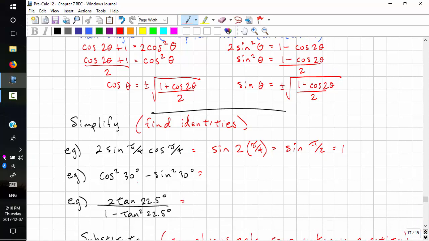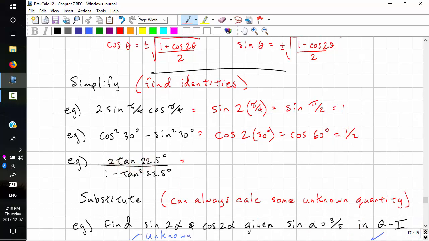Remember, the sine sum identities have sine and cos multiplied together. In the cos sum identities, we have cos times cos and sine times sine. So this is a cos identity, cos 2 times 30 degrees. This is cos 60 degrees, and that's a special angle, which means we have a special ratio, and that's 1/2.